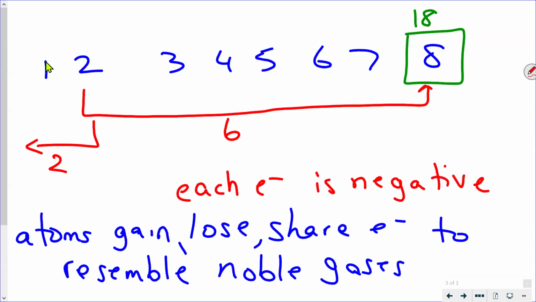If I gain 6, each electron is negative. That's -6. And we all agree that's no good. Gaining 6 is hard. But if I lose 2, each electron is negative, so as I lose negativity, I become more positive.